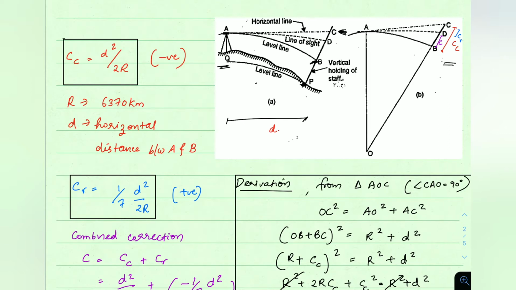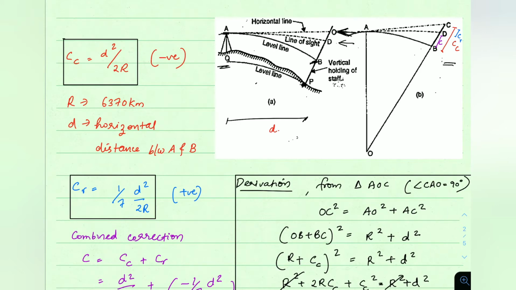Then there is another thing called refraction. See, now we get the value at C, right? Our staff reading value we get at this point C. But because of the refraction property of the atmosphere, we get the value at D. So this is our line of sight. AD is our line of sight.